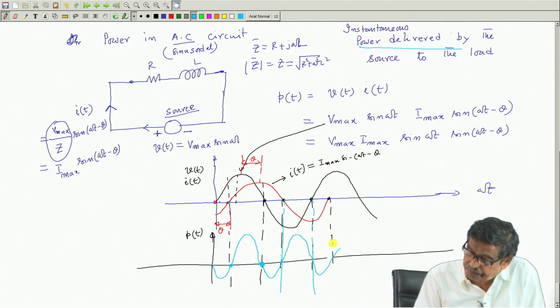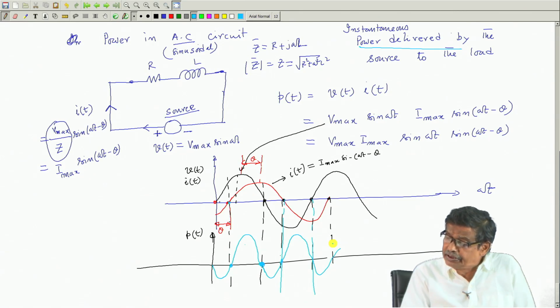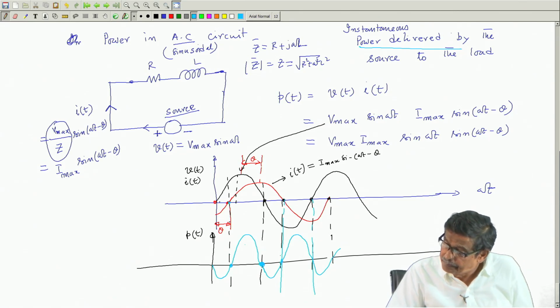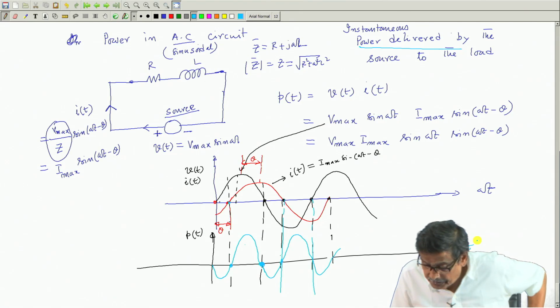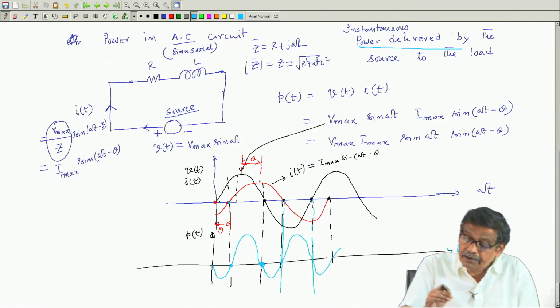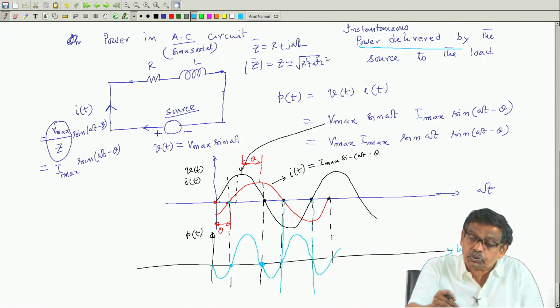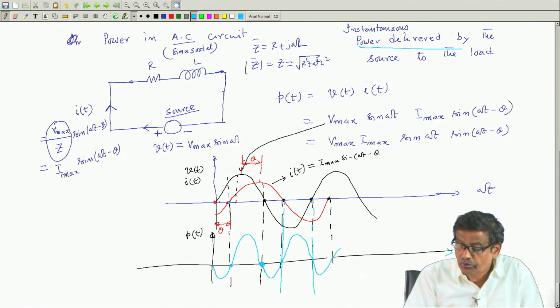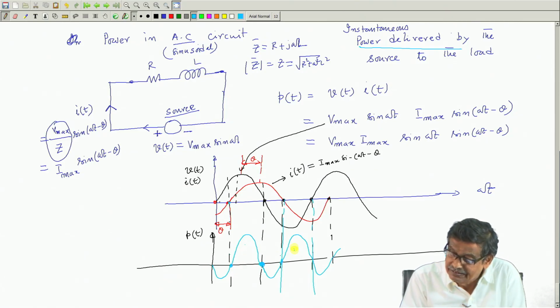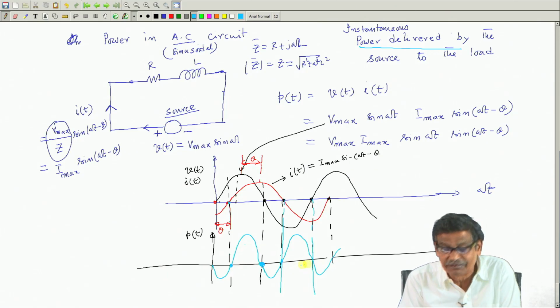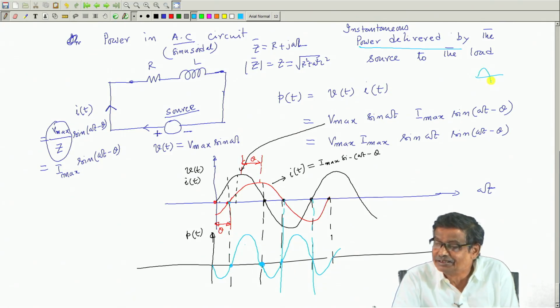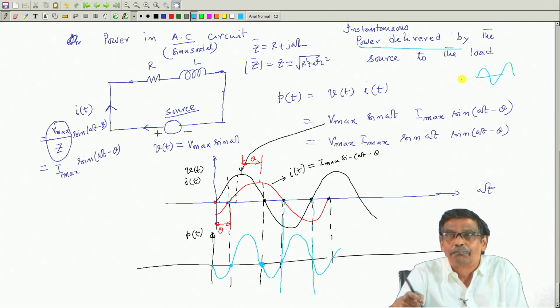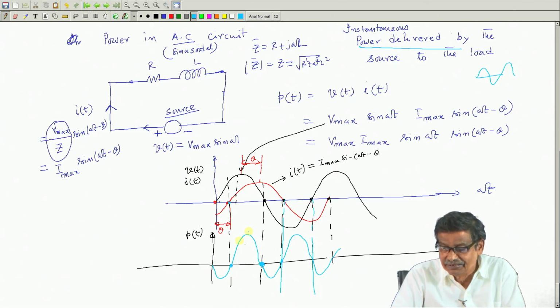And so on. Therefore, as a function of time, the instantaneous power delivered by the source to the load looks like this, with the positive side more. The average value of this is not 0. It is not a sine wave like this, with equal excursion on the plus and minus sides.